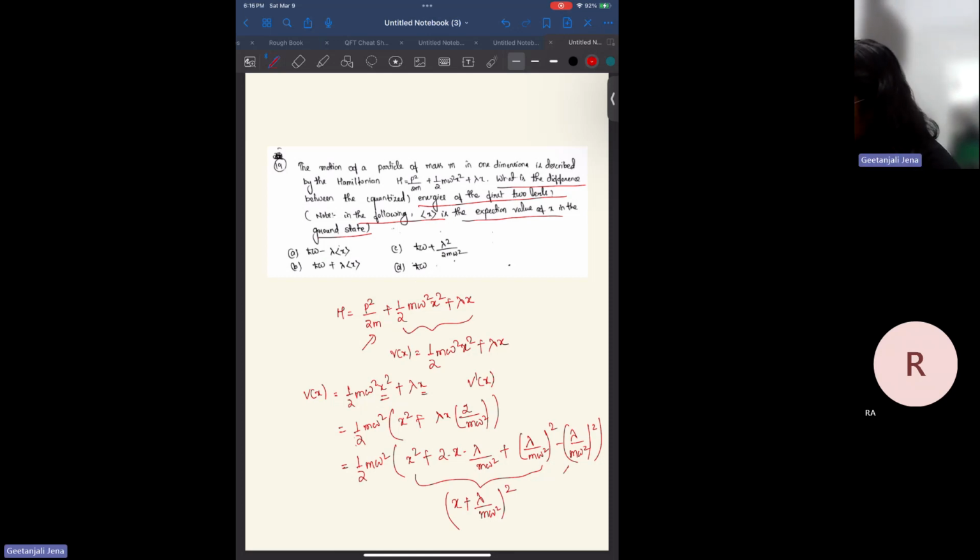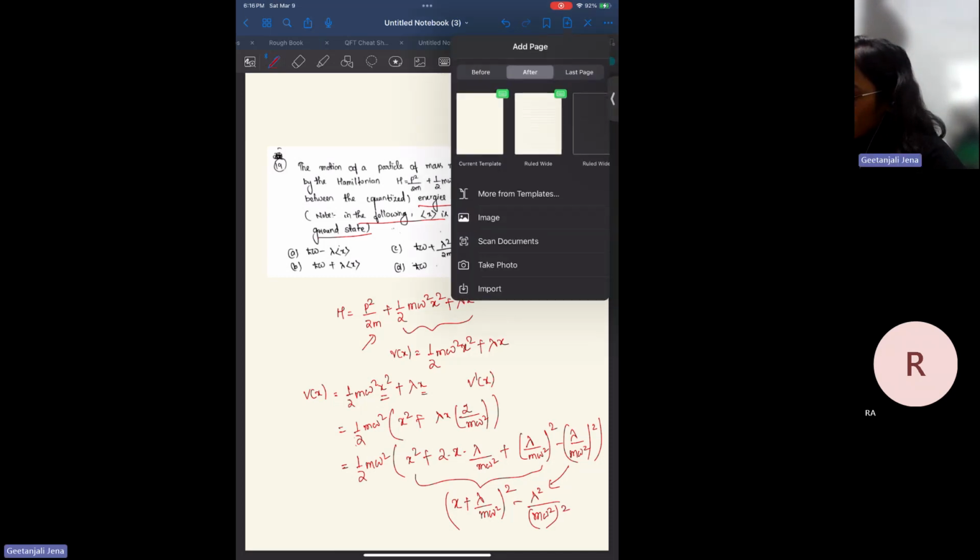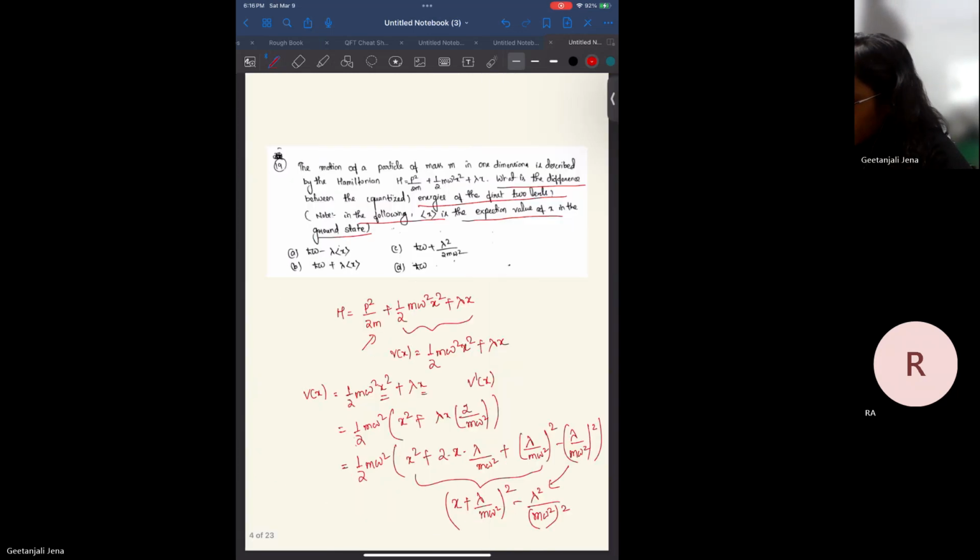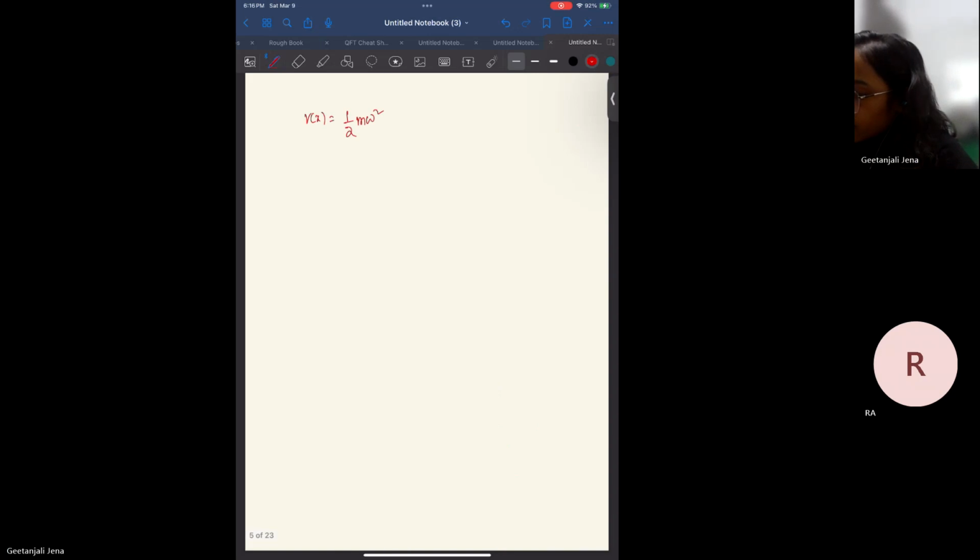And there is one another term, which is this one. This is (lambda by m omega square) whole square. So now the V of x is nothing but half m omega square x dash square, where x dash is nothing but x plus lambda by m omega square.